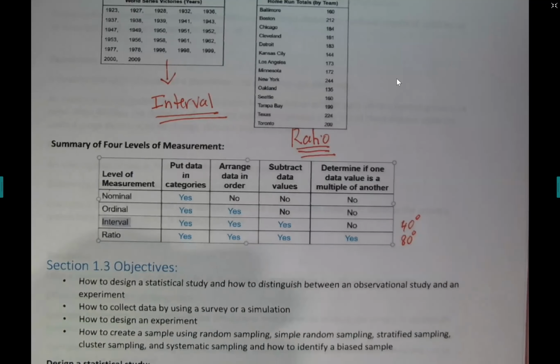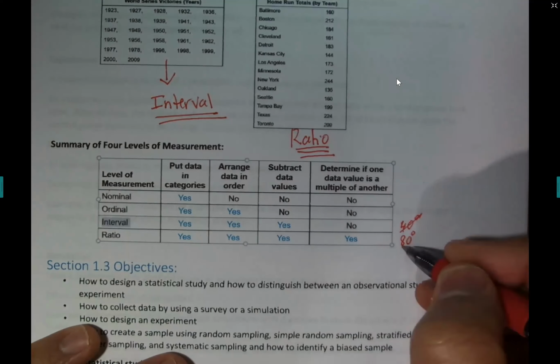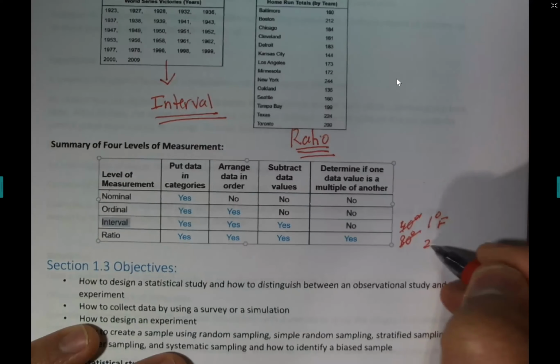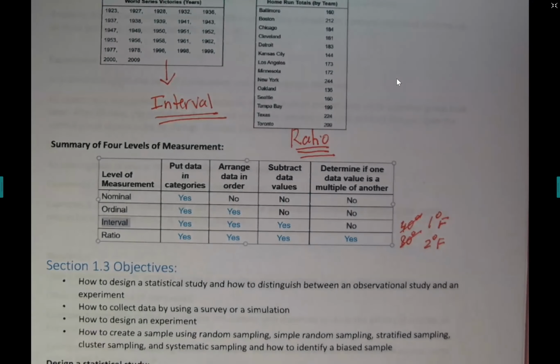And I'm going to give you an even better example. If it is 1 degree in January here and in the next city, 2 degrees. You cannot say that 2 degrees is twice as cold as 1 degree. Actually, it's not twice as cold. Actually, it's better. It's 1 degree higher. And so the comparison this way doesn't work with temperature.